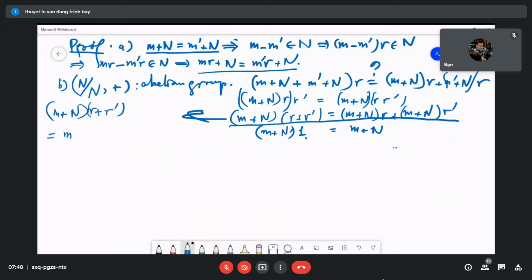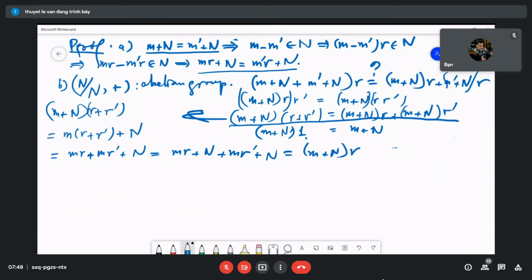That is equal to M(R+R') plus N, and that is equal to MR plus MR' plus N, and that is equal to MR plus N plus MR' plus N, and that is equal to (M+N)R plus (M+N)R'. Okay, that is what we need to prove.